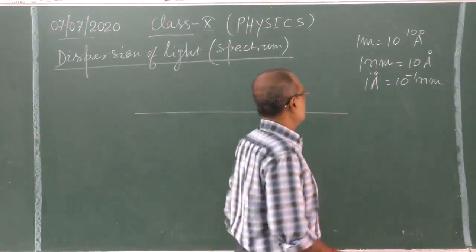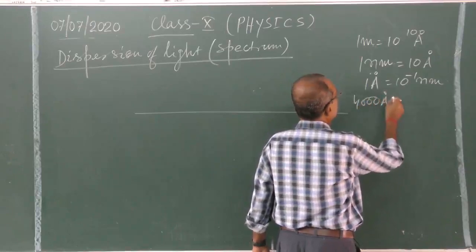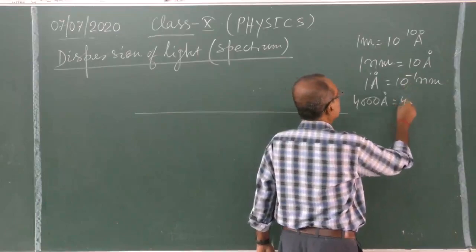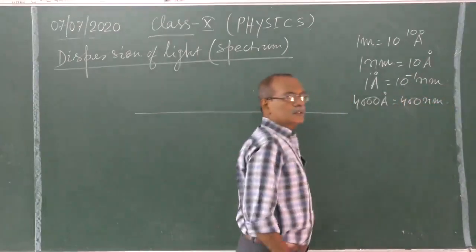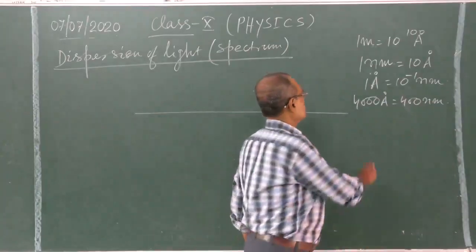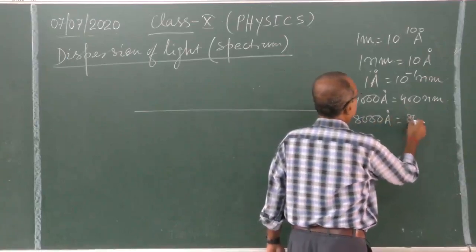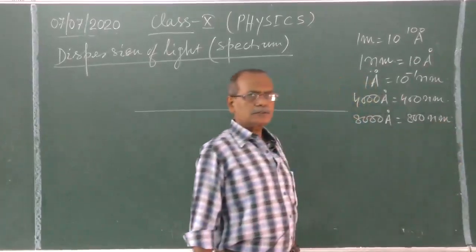Therefore 4,000 angstrom can be written as 4,000 into 10 to the power minus 1, that means 400 nanometer. In your book the range is also written in nanometer. 8,000 angstrom will be equal to 800 nanometer.